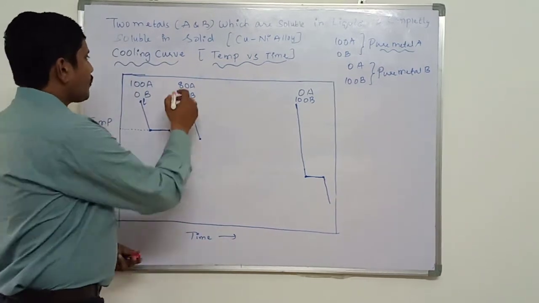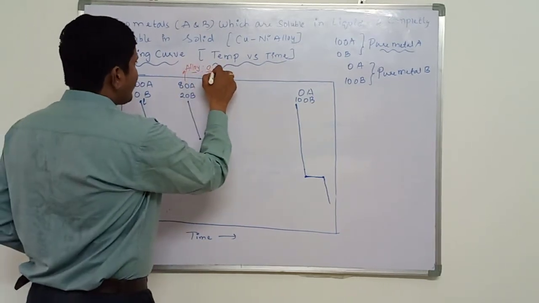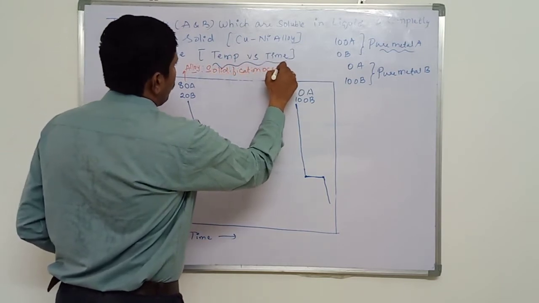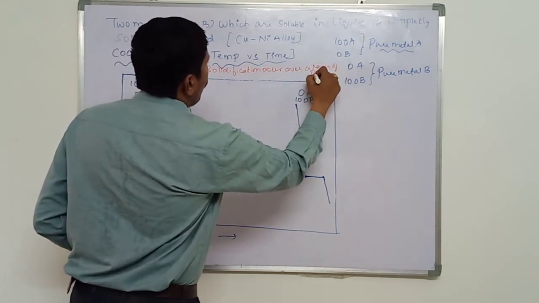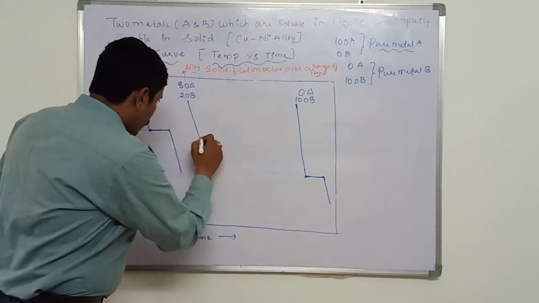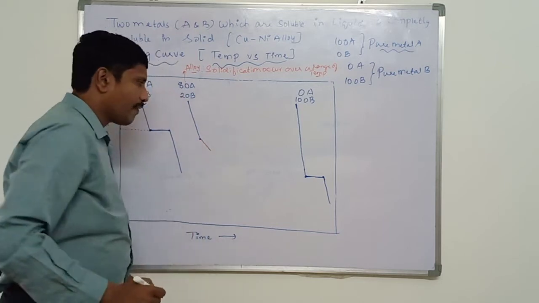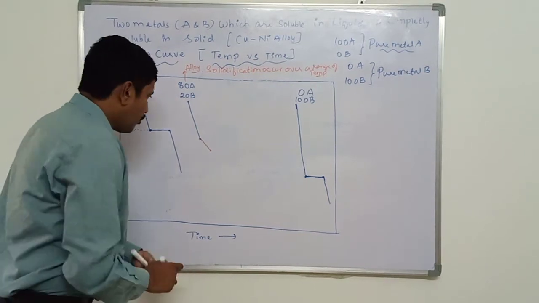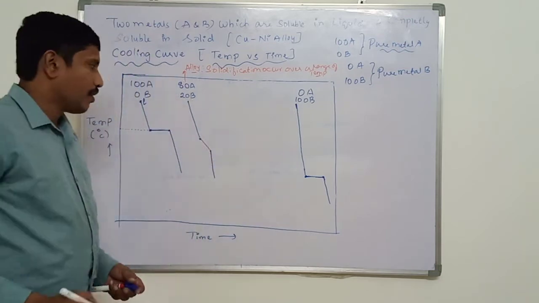As it is an alloy, solidification will occur over a range of temperature. So solidification starts here. Let us assume solidification ends here. So now from the solid state, it is cooled to the room temperature, right?